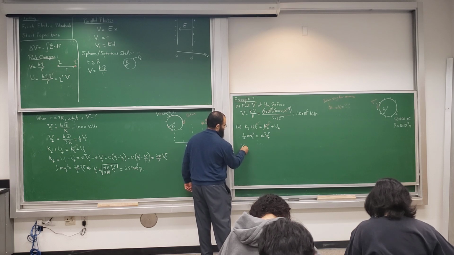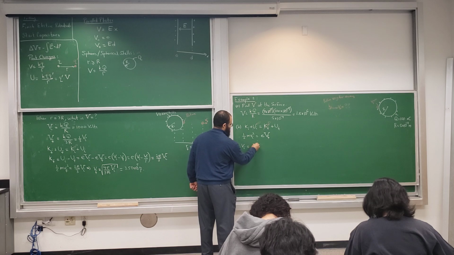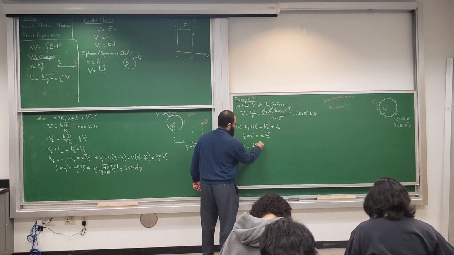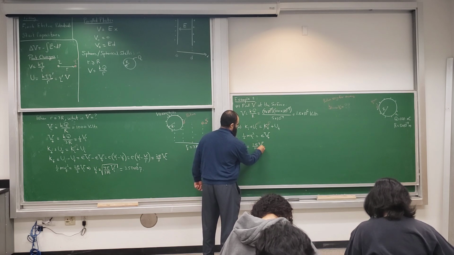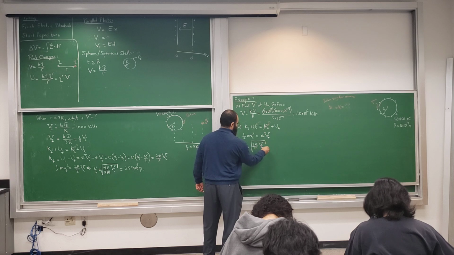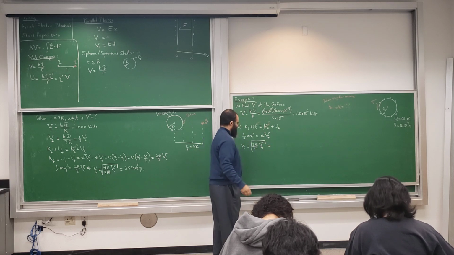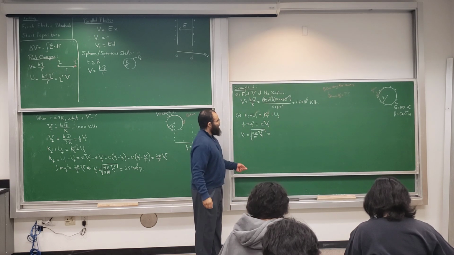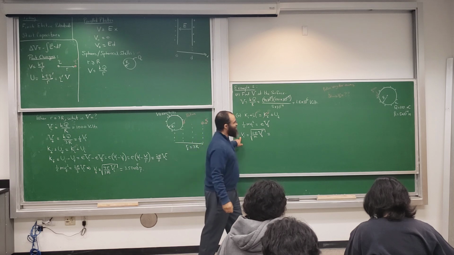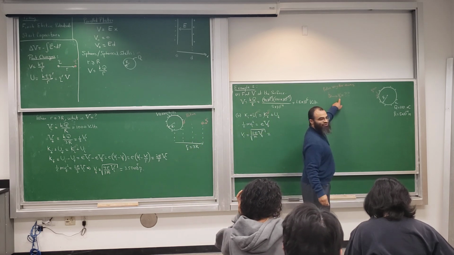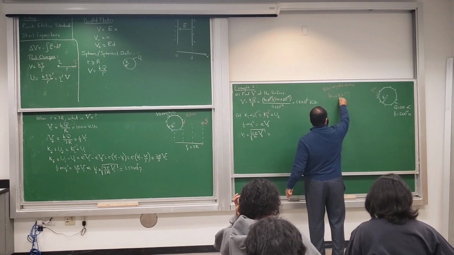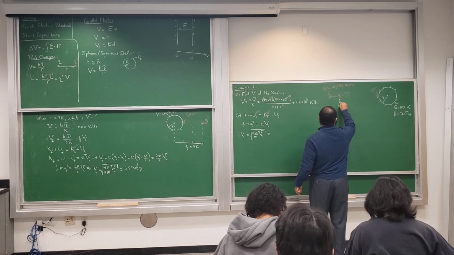So v initial would be the square root of 2 e over m times V final. Here I called it initial with an i, and here with an n, but obviously I mean the same thing.